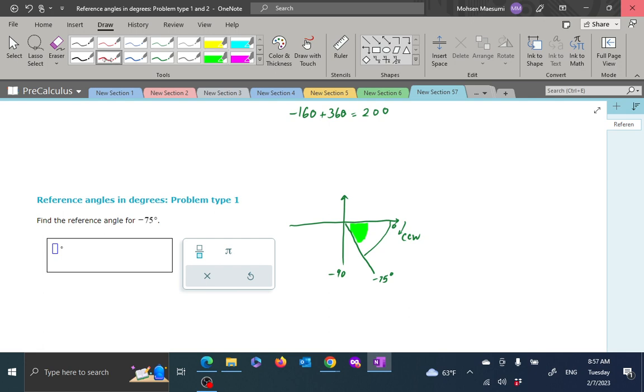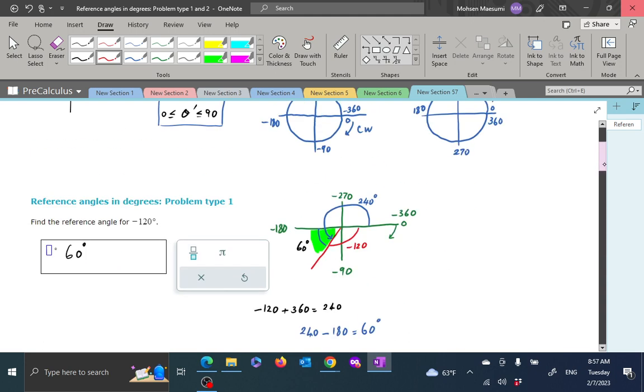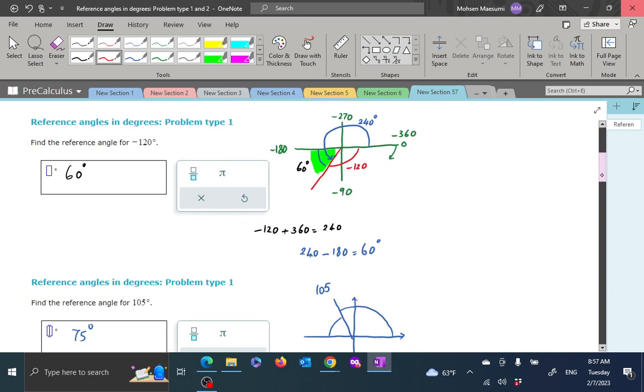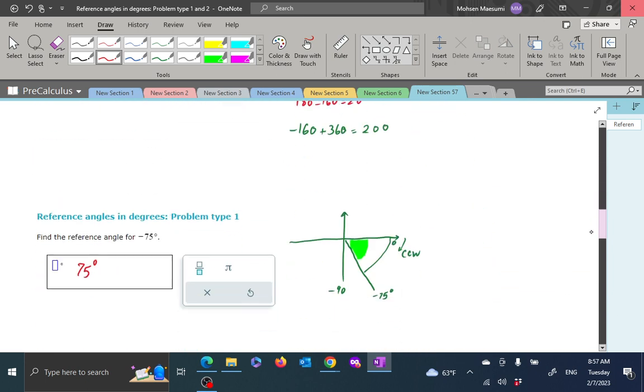Well, what is that? That is just plus 75. So it's just 75 degrees. So the answer has to be always positive and less than 90 degrees, just so that it's comfortably one of those triangles that we always deal with in triangle trigonometry.